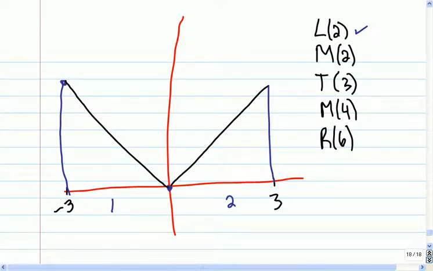Okay, so the next one says, let's do 3 intervals. So let's try 3 intervals. And we'll use the trapezoid rule. Okay, so this time I need 3 intervals. It's going to roughly look like this. Okay, so there's going to be 1 interval there, another one, and then the last one. 1, 2, 3. So the trapezoid rule uses 2 points, this point, the next point, and it makes a trapezoid.